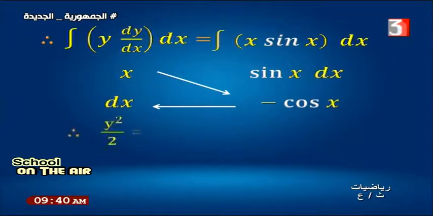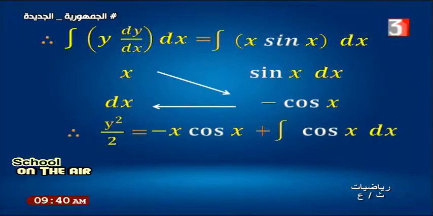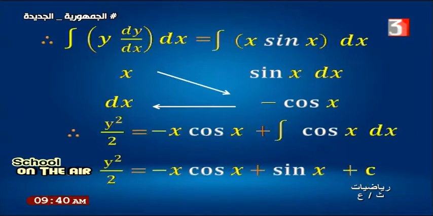So y power 2 over 2 equals negative x cosine x minus integration of negative cosine x, which is positive integration of cosine x dx. Integration of cosine x dx equals sine x plus constant c. Then y power 2 over 2 equals negative x cosine x plus sine x plus the constant c.